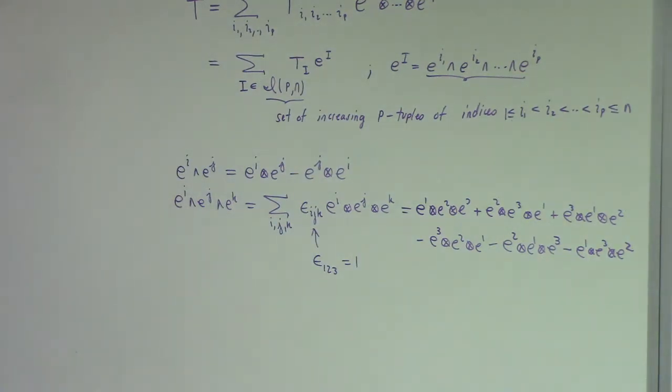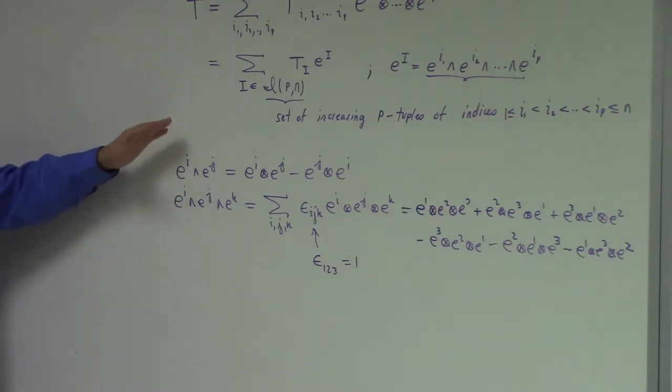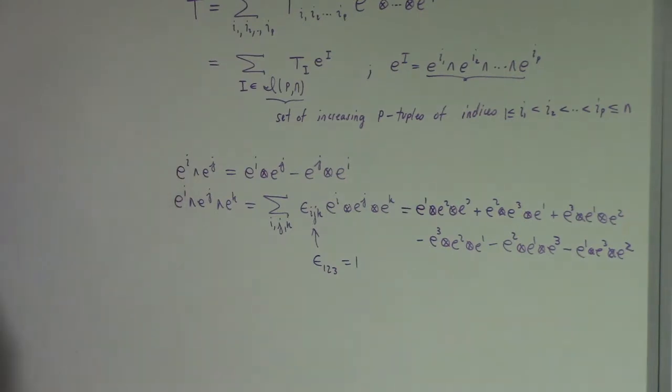So what I'm claiming is that you can use these wedge products to write a basis for the antisymmetric tensors of type 0p. And of course, you could do the same thing with vectors, right? You could look at type p0, and you could just lower the indices rather and take wedge products of vectors just the same, right? Okay.